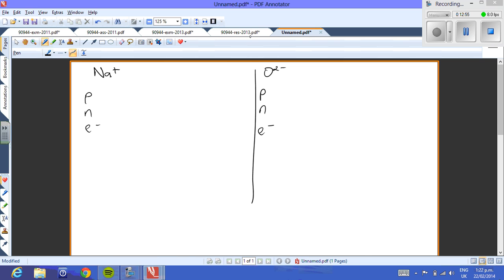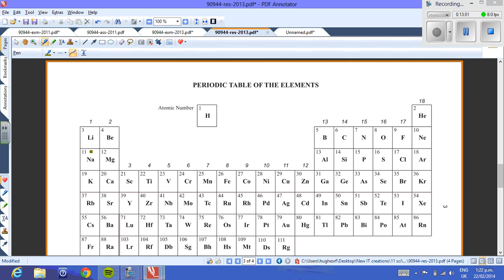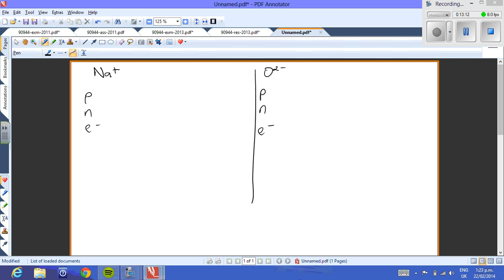So if we go to our resource booklet, which is right here, the atomic number, let's skip down the periodic table here. The atomic number for sodium is 11. You notice that they haven't given the mass numbers on this periodic table, in which case we can't actually do anything with the neutron number. So the proton number for sodium is 11, which means that the atom, if we just do the atom first, would have had even numbers of electrons and protons, so 11 of each.